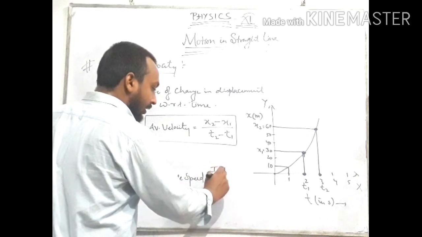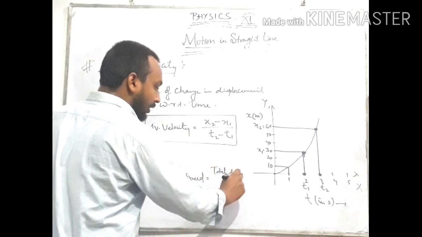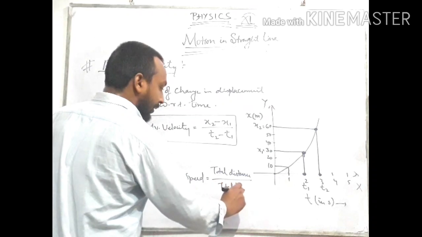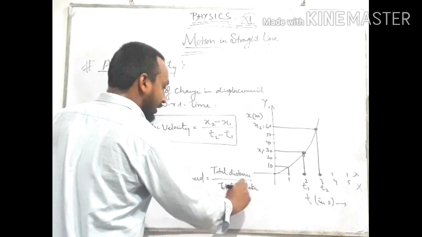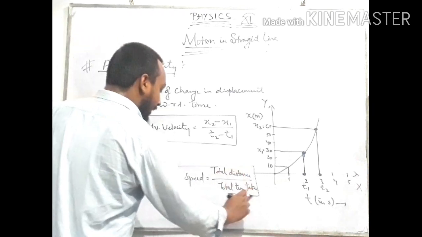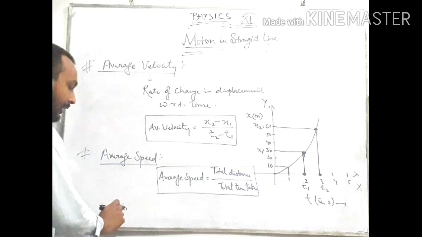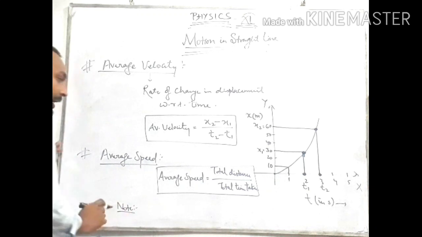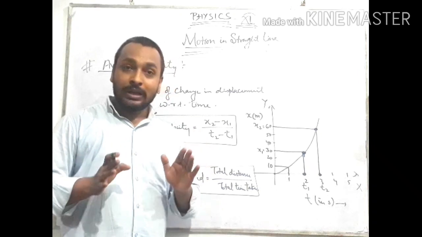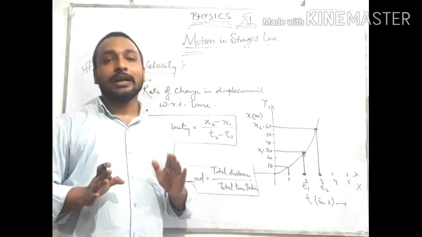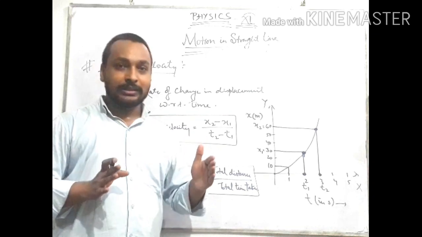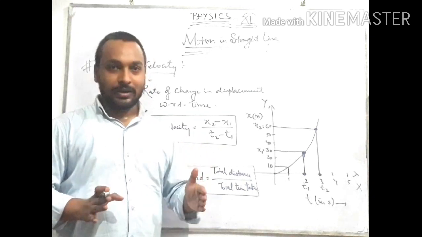Total distance covered divided by total time taken, that is average speed. Unit will be the same, and one thing should be noted here: average velocity and average speed can be the same only if the body is moving in a straight line for the same distance and same time interval.